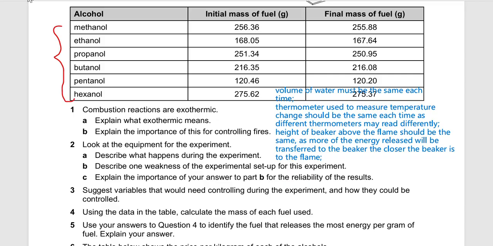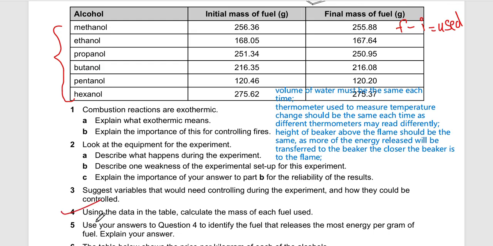So how do you find it? From the final mass, you can subtract the initial mass. Then you will get the mass of fuel used. Is it clear? Yes. So you can use this to find the answers to question 4.